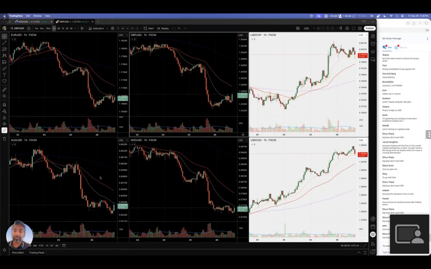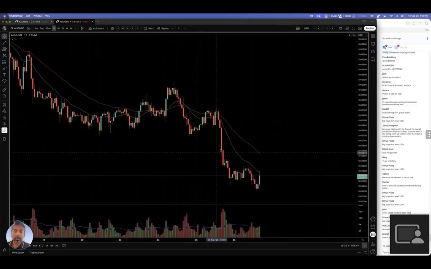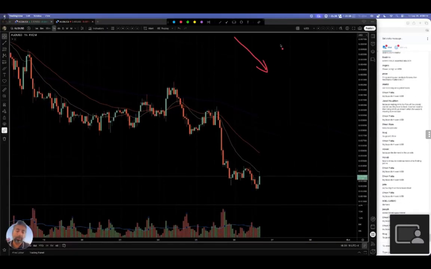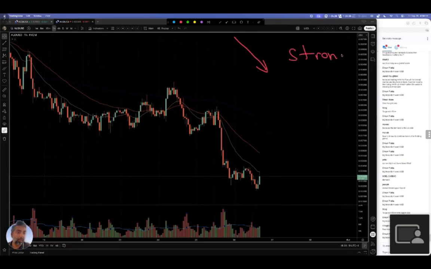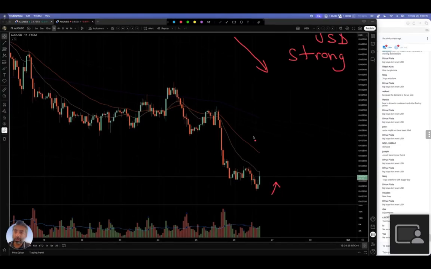Just make it simple. If the entire world is trying to do US dollar strength, if you buy this thing, all they're going to do is say, I'll take it.